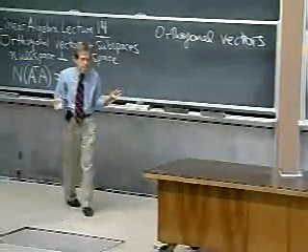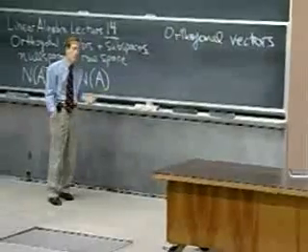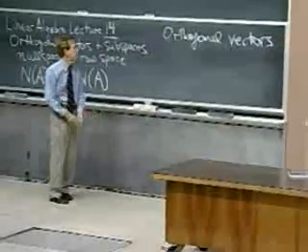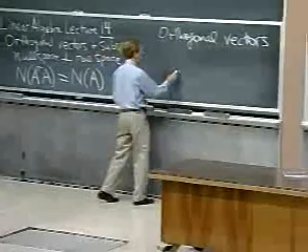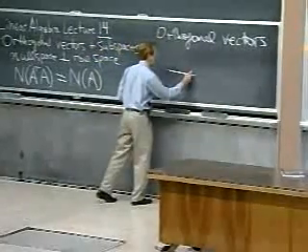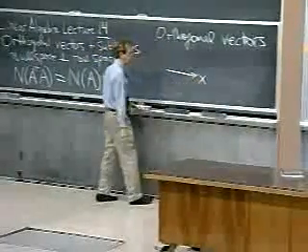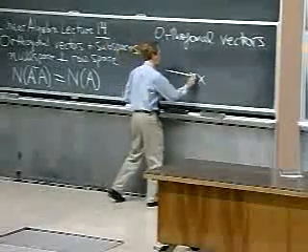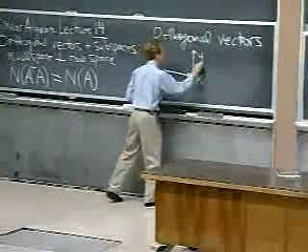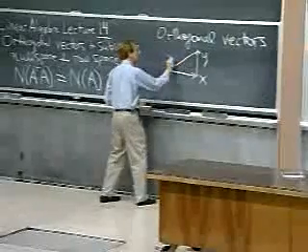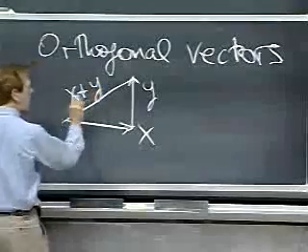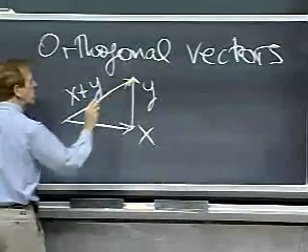It even means that, going way back to the Greeks, this triangle, a vector x, a vector y, and the vector x plus y, of course, that'll be the hypotenuse.